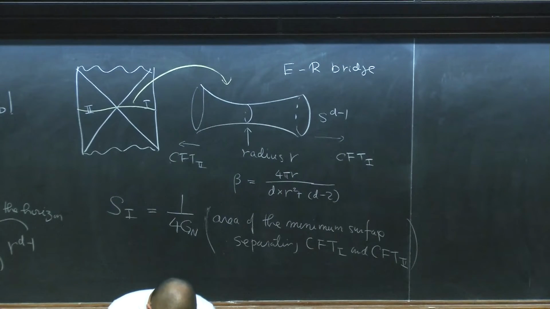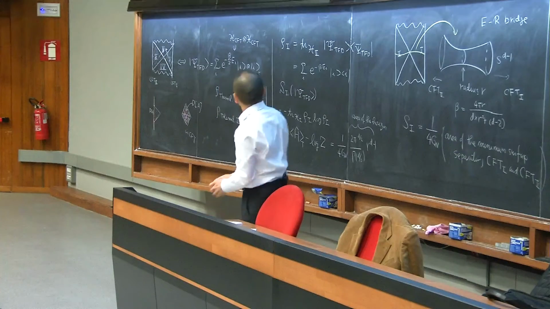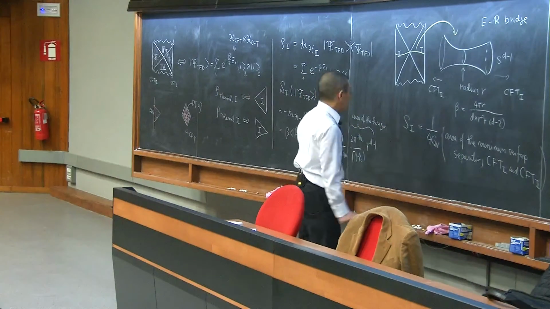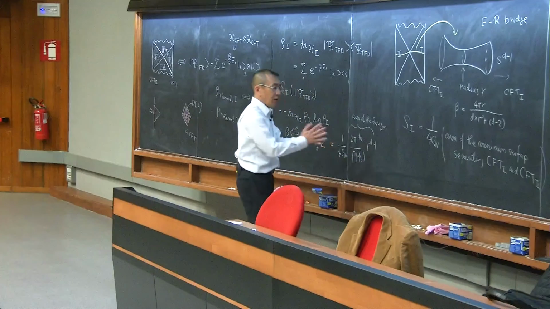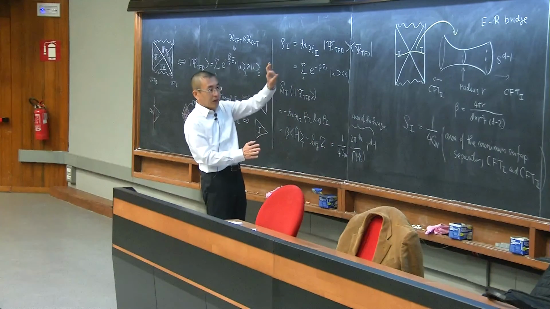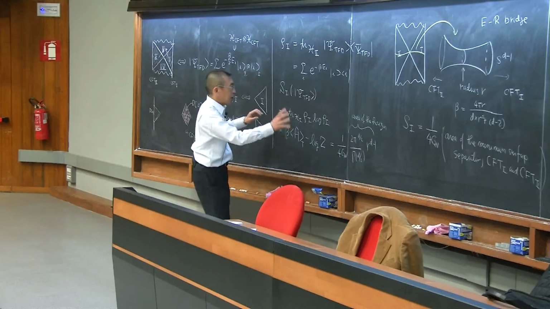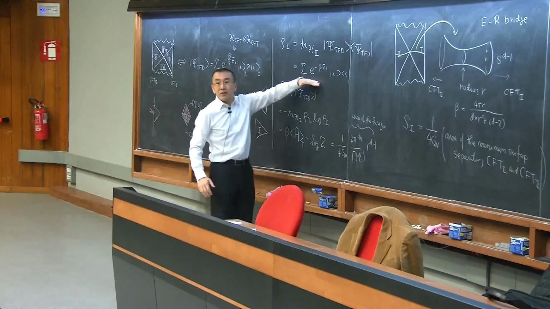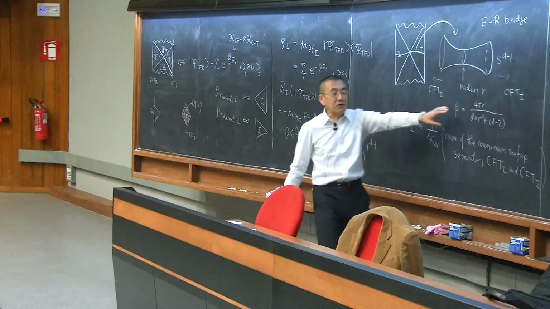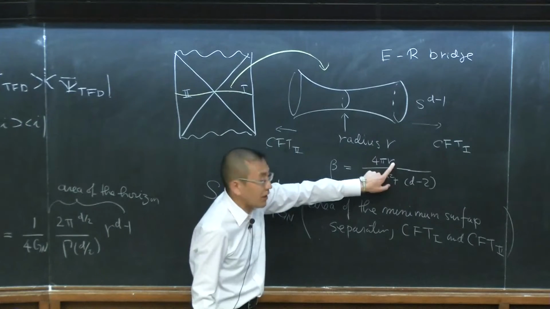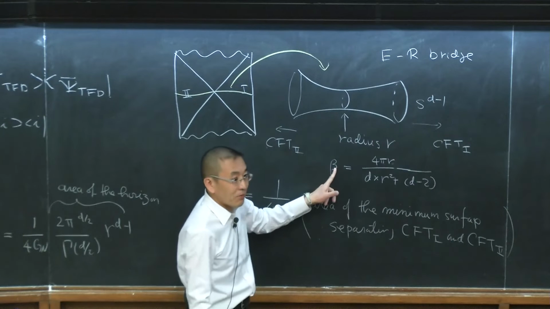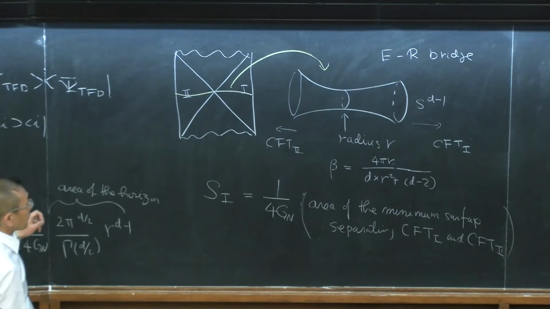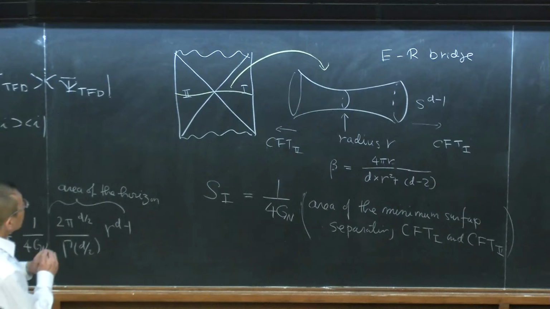So these are very interesting features: the area of this Einstein-Rosen bridge is exactly proportional to the entanglement. You can also see that from here, because as the area becomes small, beta becomes small.